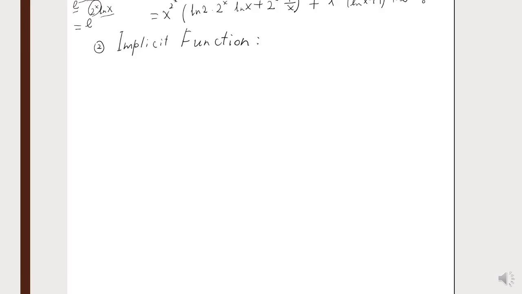So usually, we have the basic regular function as y equals an expression about x. For example, y equals 2x. This is very simple. We understand how x is related to y by this analytical expression. However, for our implicit function, we usually have something like this.